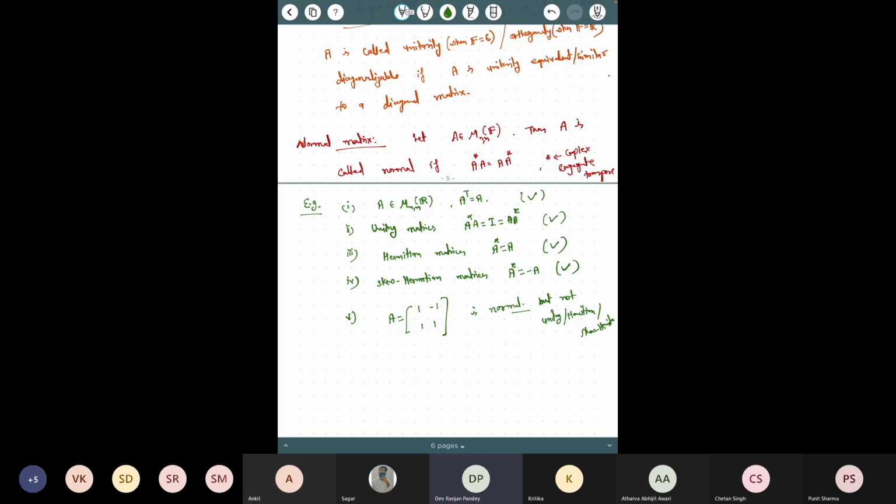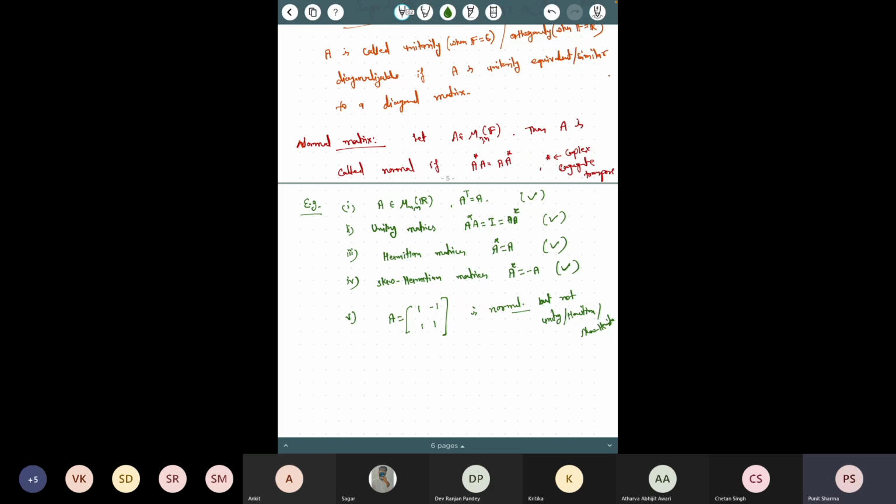Just consider the matrix whose entries are 1 by root 2, minus 1 by root 2, and 1 by root 2 and 1 by root 2. Then if we multiply it by root 2, we get this matrix. So it is not unitary, but it is a product of a unitary matrix and a scalar. Yeah, it's a scalar multiple of unitary. This is what you are saying.